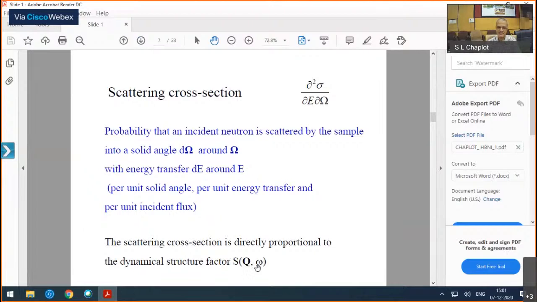The dynamical structure factor is a function of four variables: the three components of the wave vector and the energy transfer. And this has essentially the information about the solid or the system that we are planning to study.